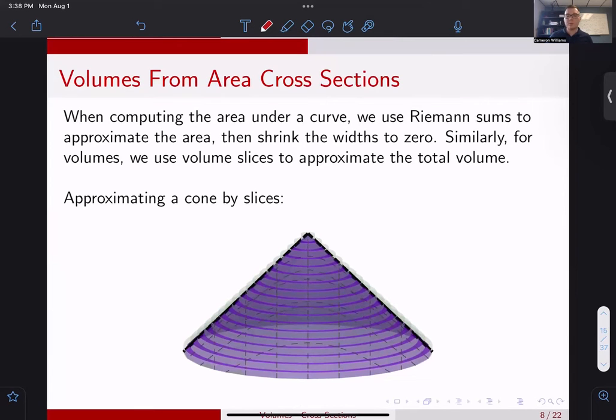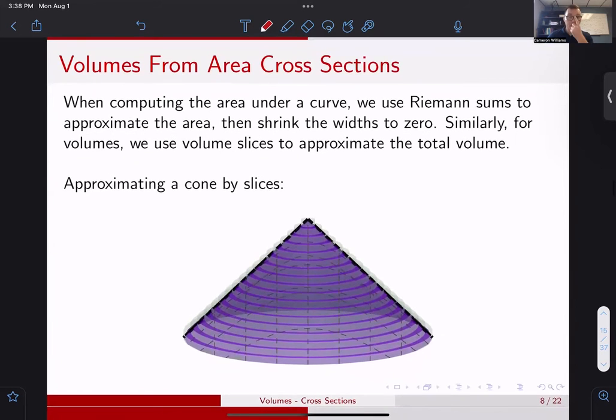Now, if we only used a few of these, it's not going to be a very good approximation. So we need to add more and more and more to get the true volume. And notice here we have a bunch of overestimation. We have all of this out here, all of this out here, and that continues around the cylinder. So this is an okay approximation, but we can do better. And the way to do better is we keep adding more and more slices. All right, so that's a cone.